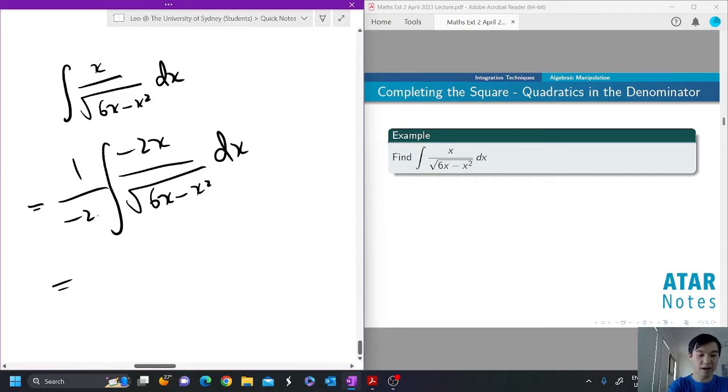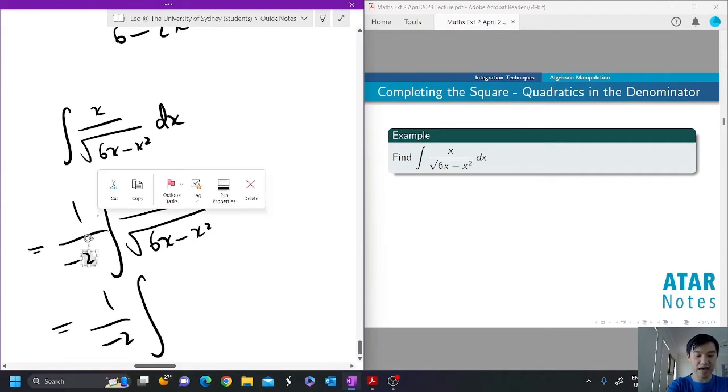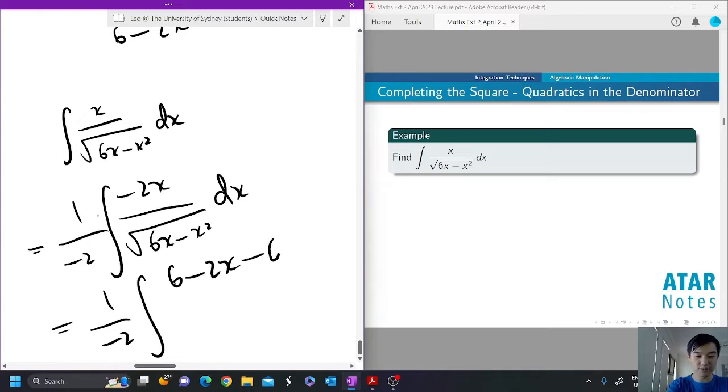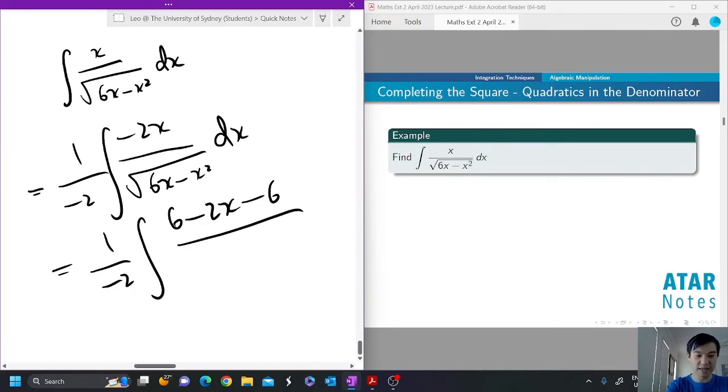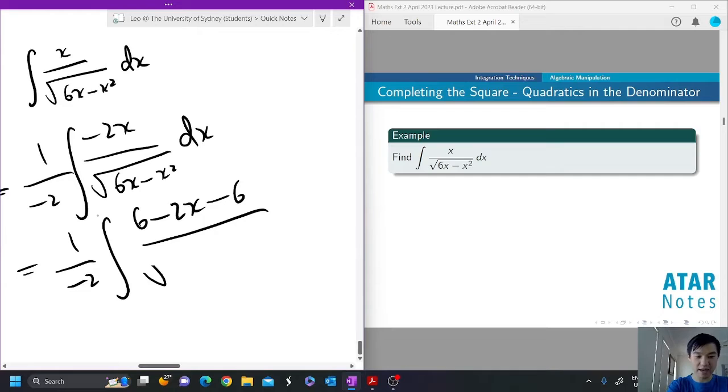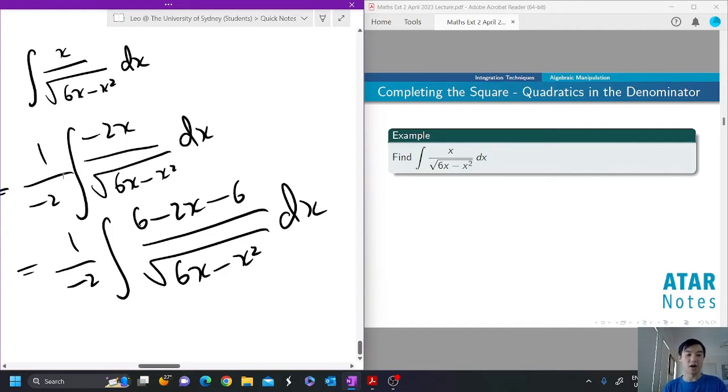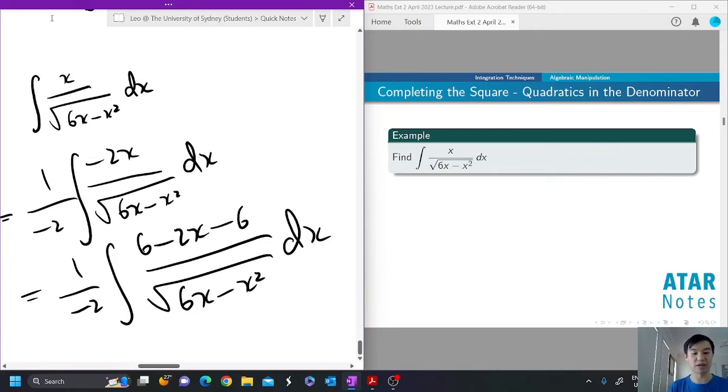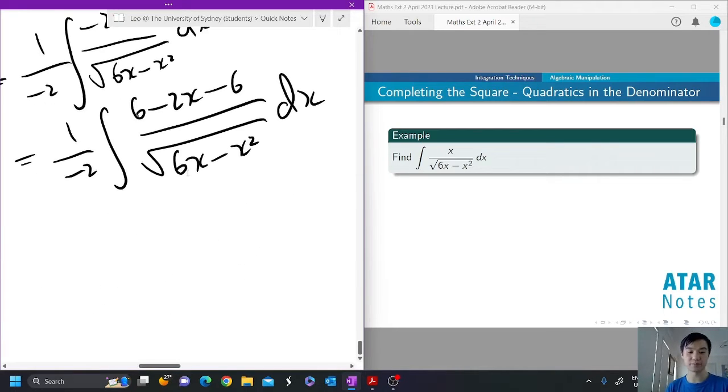And now I want to get a 6. So I'm going to add a 6, but I'm also going to subtract a 6 at the same time, so I do not change the question. So this all simplifies just to what we had originally with x over root 6x minus x squared.